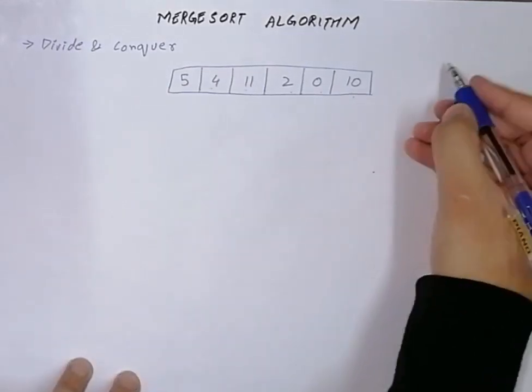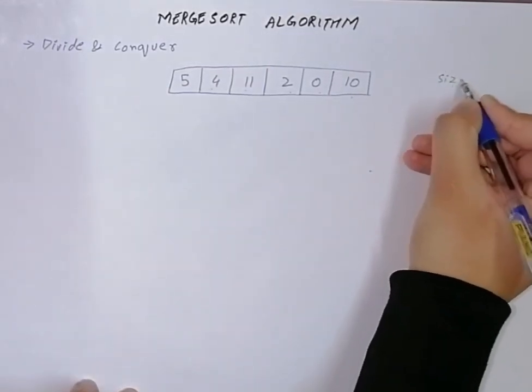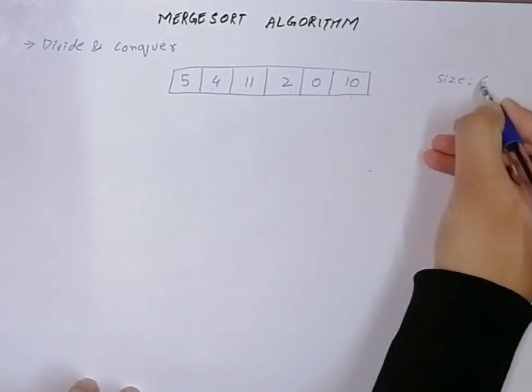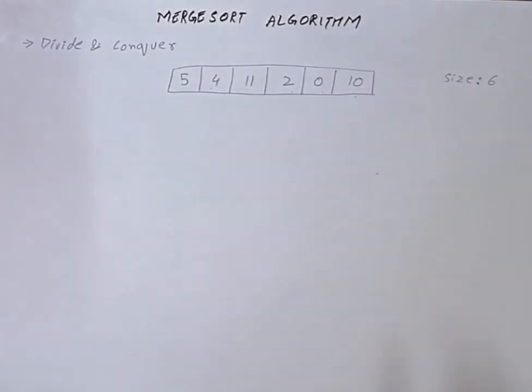I want to sort this array. We have already seen certain algorithms such as bubble sort, but the runtime of bubble sort is big O of n square, which is very high. So we want an algorithm that gives us optimized results in terms of time complexity and space complexity as well.